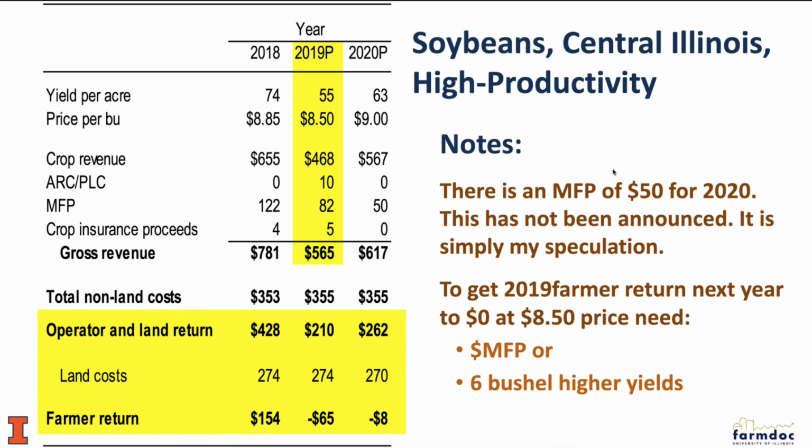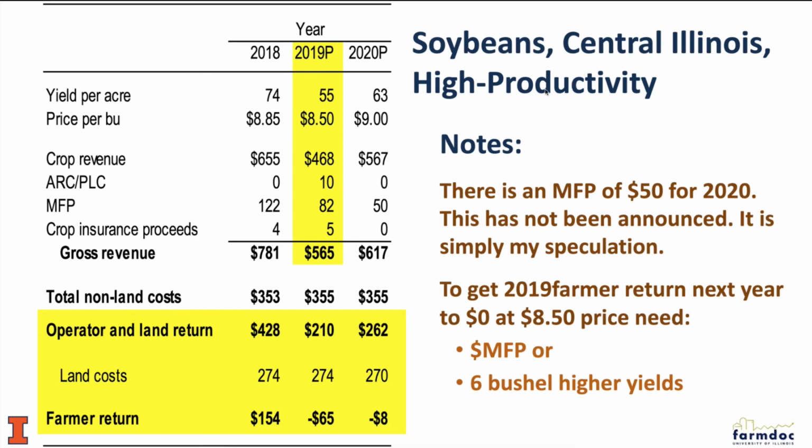A lower yield decreases crop revenue but increases crop insurance proceeds. Given an 85% RP coverage level, again, we're building in an ARC PLC payment of $10 for 2019, MFP payment of $82 for 2019, and again, $50 for 2020.